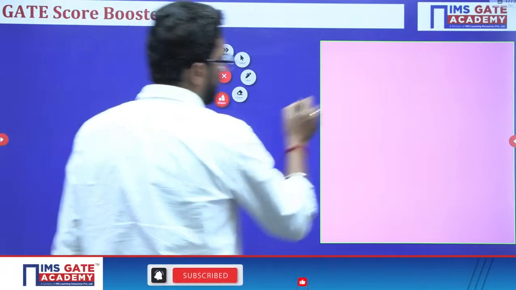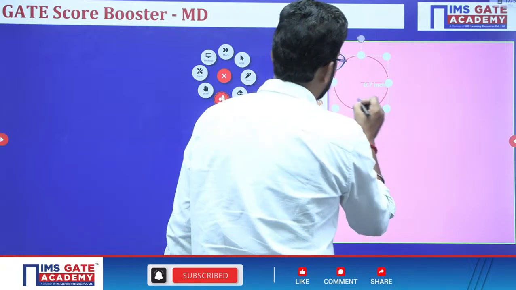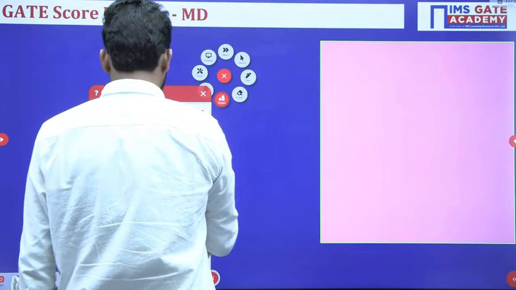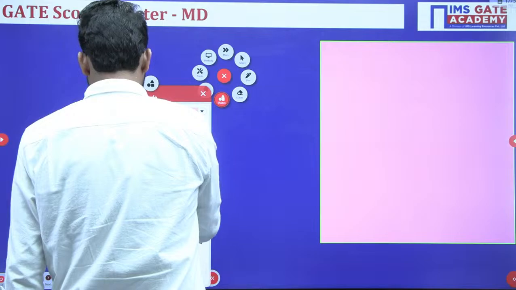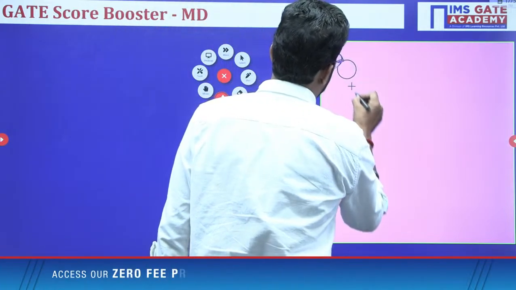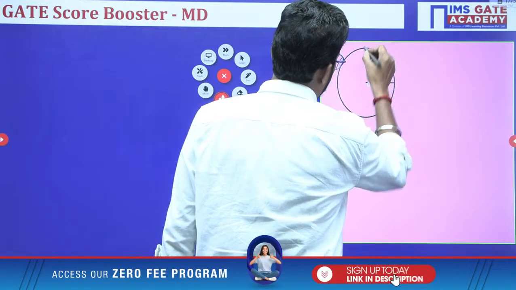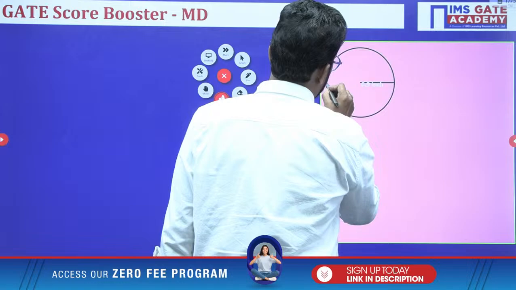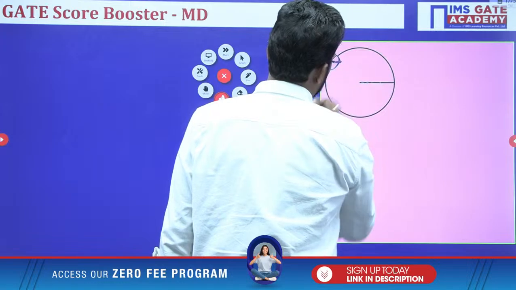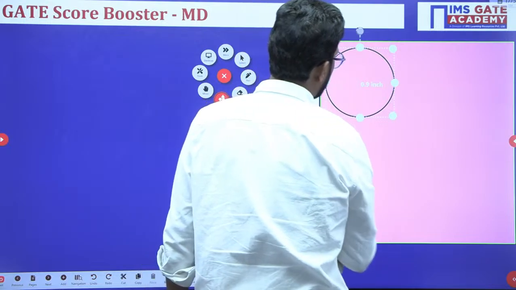this is our clutch. It is visible. Let's suppose this is the outer diameter, my dear.